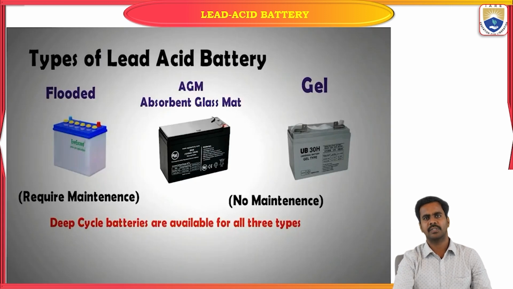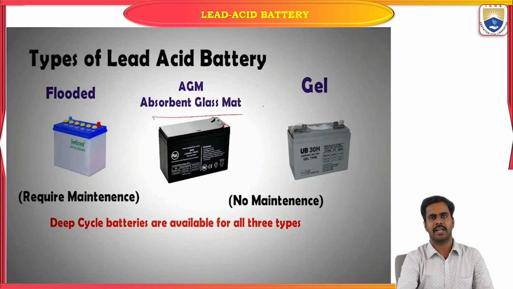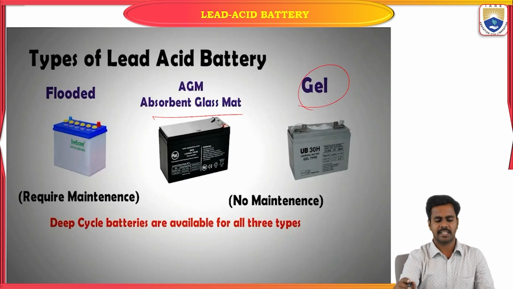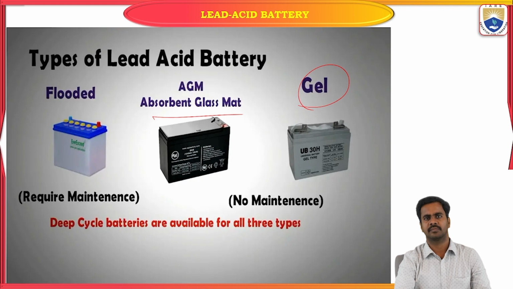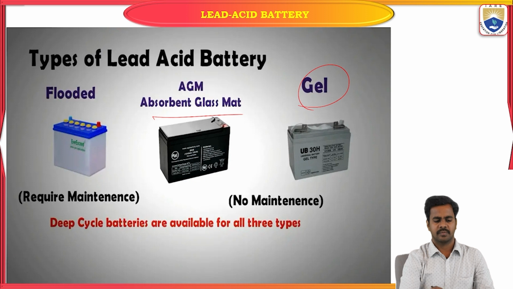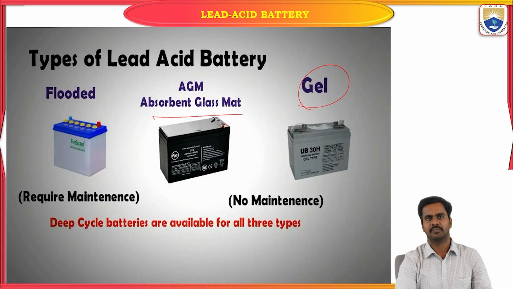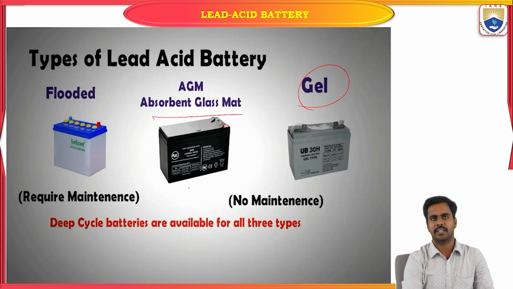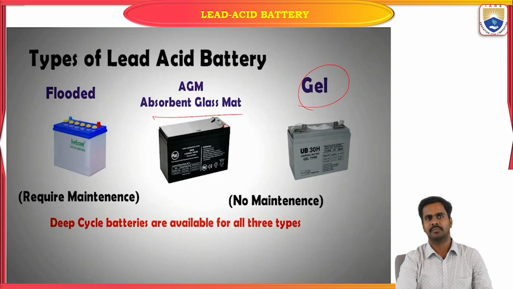These are the types of lead acid battery. There are three types of lead acid batteries. That is the flooded battery, the AGM, absorbent glass mat type of lead acid battery, and the gel lead acid battery. So among the three batteries, there is no maintenance, zero maintenance, for the AGM and gel type of lead acid battery.